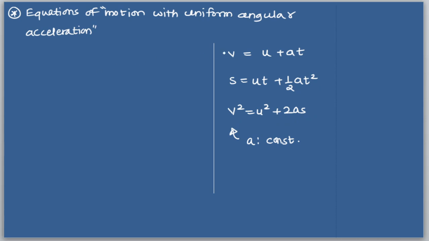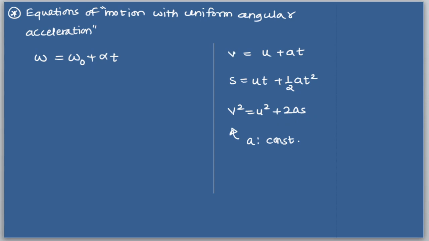Similar to that, just like final linear velocity, here we have final angular velocity, initial linear velocity, initial angular velocity, plus linear acceleration a, angular acceleration alpha, time interval t. Just convert the linear quantities into the angular quantities.